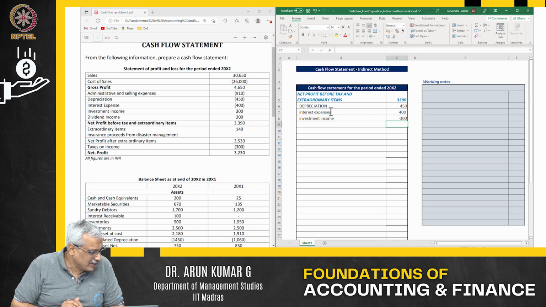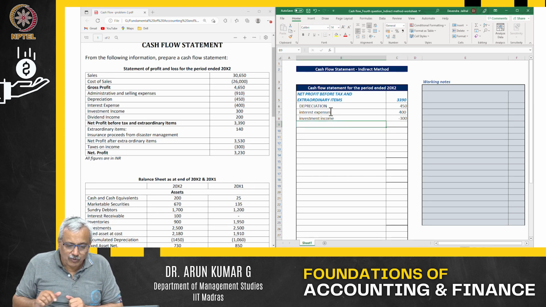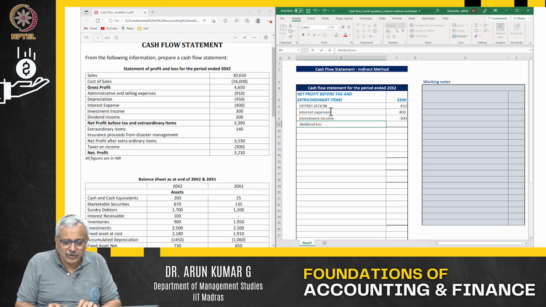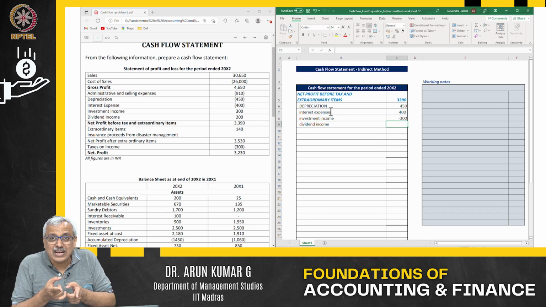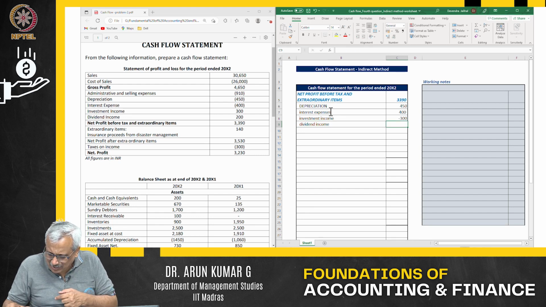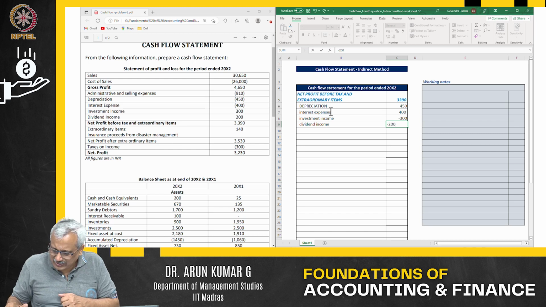Same is the case with the dividend income. Dividend income will inflate your profit, but I am looking at operations. It is not part of the operations, so I am reducing that.